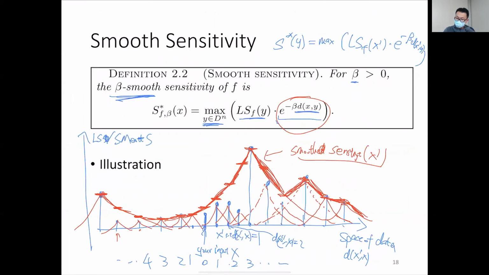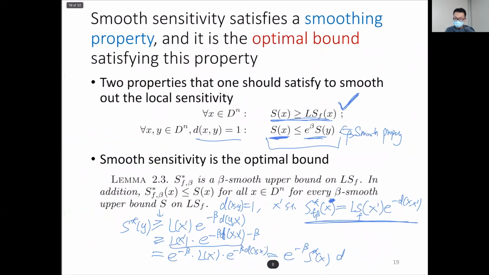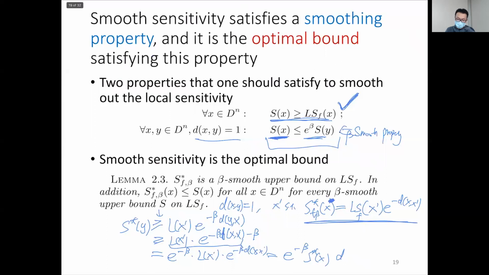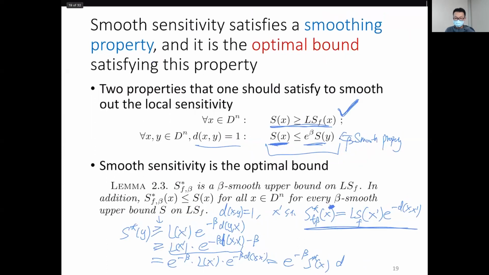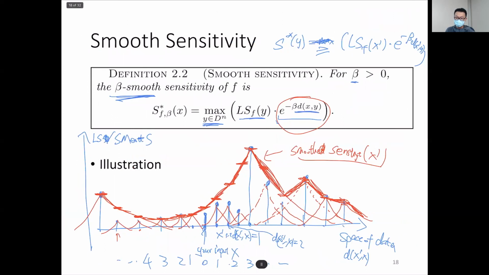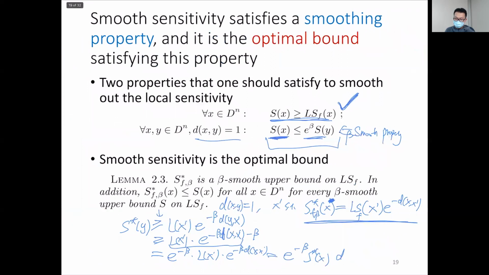Since this is a maximum, for any such x prime this is larger or equal. X prime is something arbitrary, and we construct this particular one. So for any x prime, the first inequality is true, just by the definition of smooth sensitivity. Right, and then we take this x prime to be something specific, such that the equal sign is true for the last step.